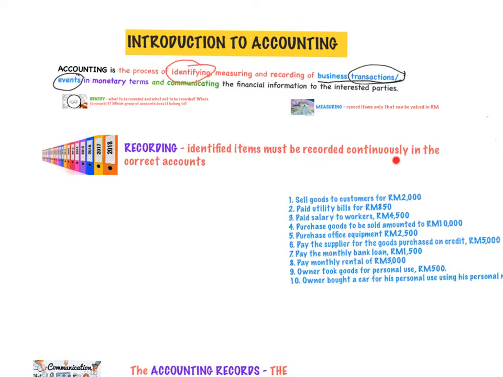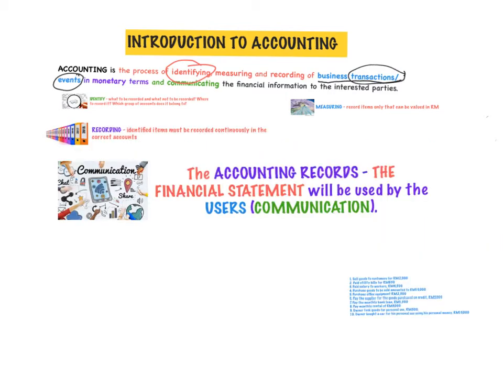The record must be continuous, which means that every time a transaction occurs, you record it every day until the year end, and then you start again for the new period. The accounting records done at this stage will produce the financial statement.